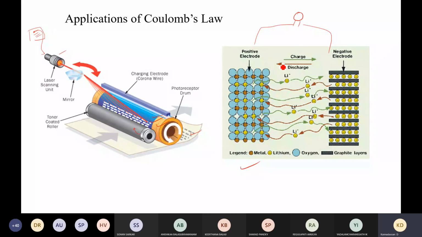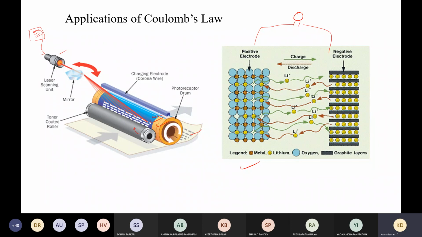This load makes the current loop complete, and that makes the release of electrons or the lithium ions. By the way, they carry the negative charges, and these negative charges will travel through the wire and reach the positive electrode. So this is how the cycle takes place.